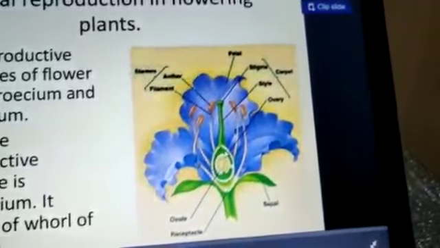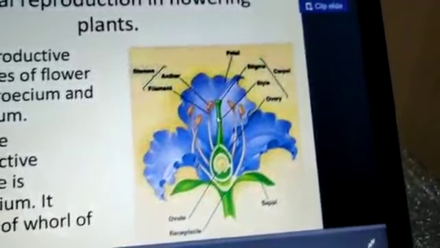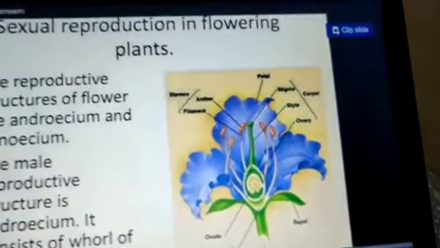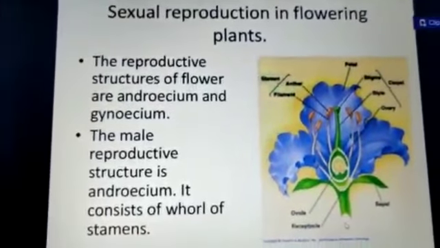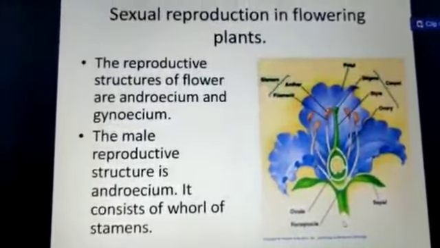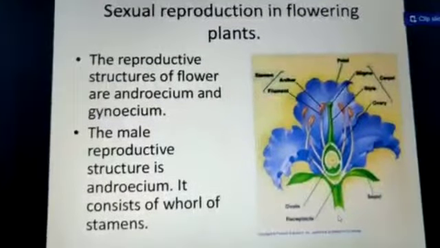So what are the 4 circles? Sepals, petals, stamen and carpel or pistil. Now see once again the theory part. The reproductive structures of a flower are androecium and gynoecium.